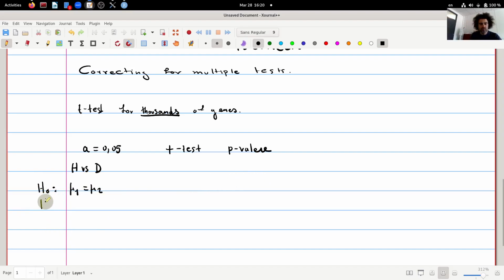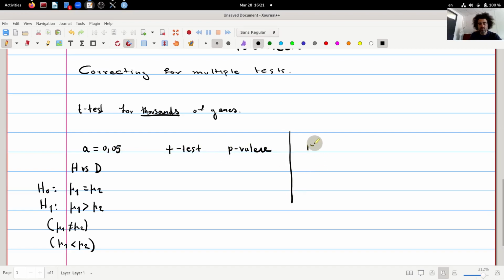Perhaps the alternative one is that the expression level in the healthy people is greater than in the disease people, but there are other alternatives as well, like this one or this one. Okay, in any case, we set a significance threshold alpha, 0.05, we perform a t-test and we find the p-value.